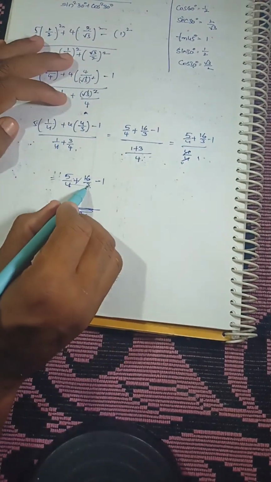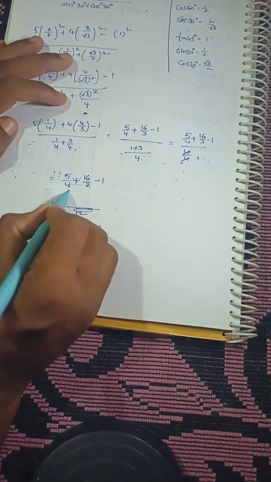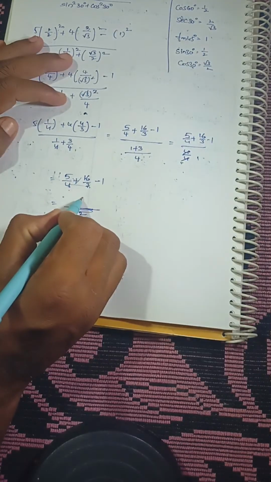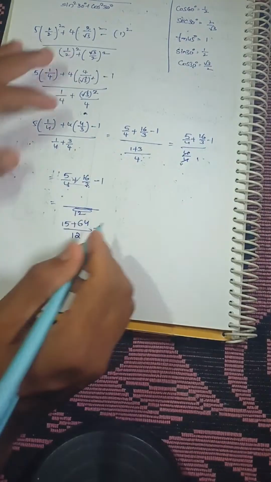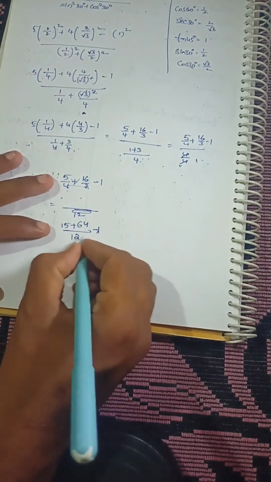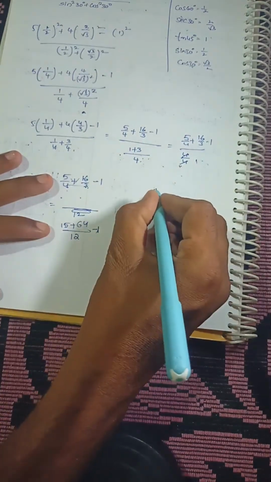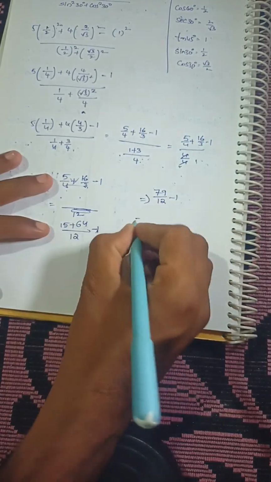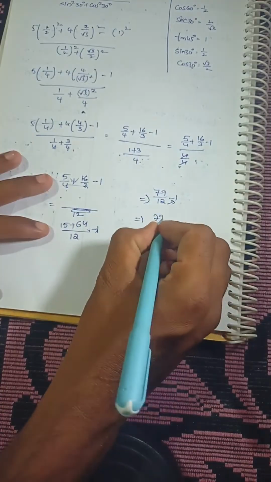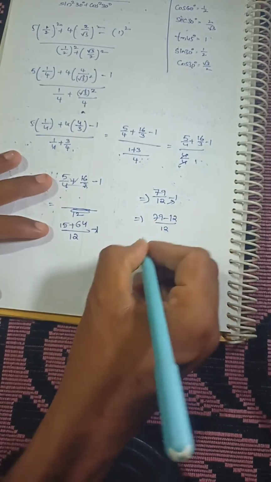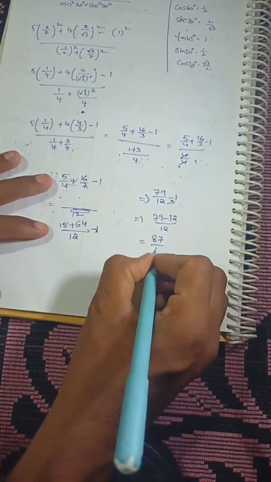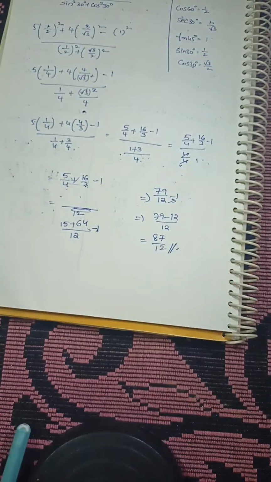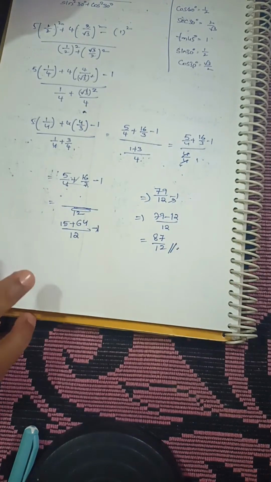See, we are doing cross multiplication. 5 3s are 15, 16 4s are 64, and denominator multiplication 4 3s are 12. Minus 1. 15 plus 64 is 79 by 12, minus 1. Now do cross multiplication. 79 minus 12 by 12 is 67 by 12. That's it. This is about the problem.